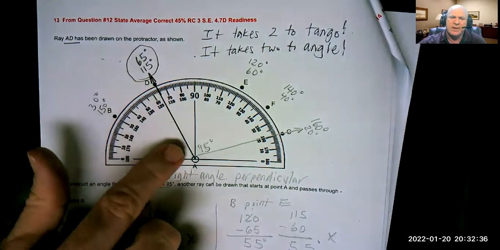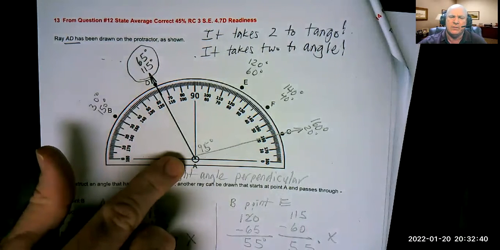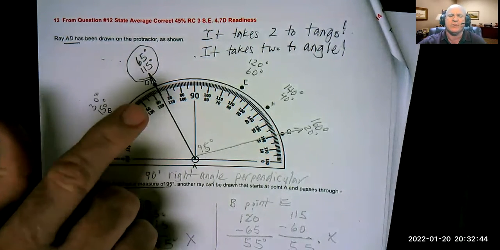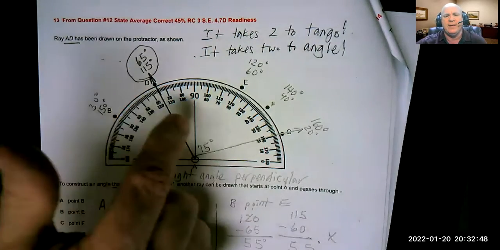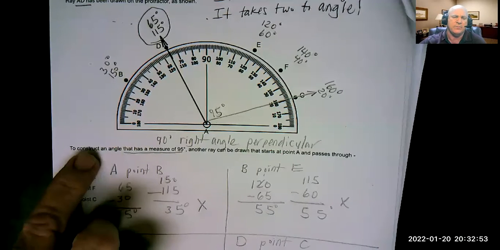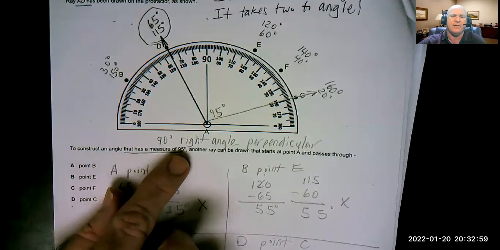Usually they want you to take that ray that goes through that exact point on the protractor and make an angle. They gave you 4 choices. Let's look down here at the rest of the information: to construct an angle that has a measure of 95 degrees.